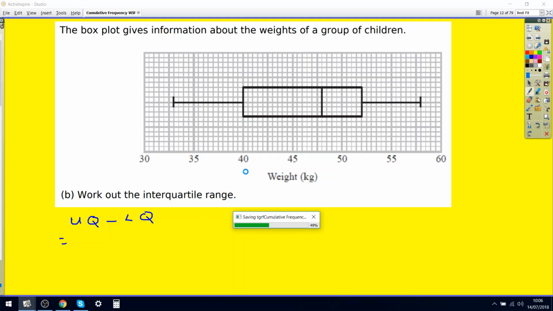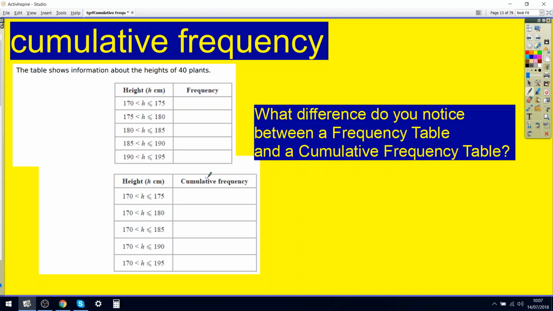Okay, cumulative frequency. What is the difference between the two tables? What difference do you notice? One is a frequency table, one is a cumulative frequency table.